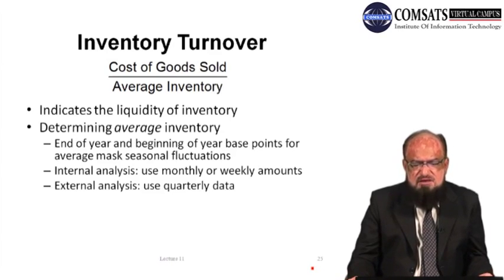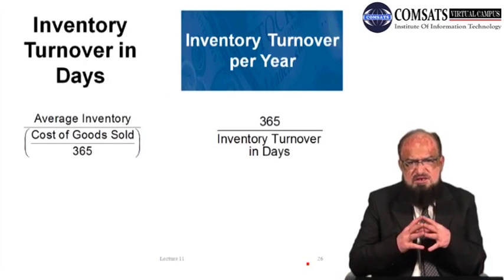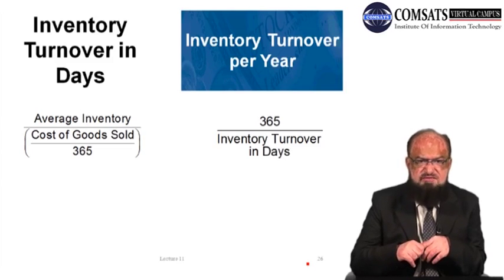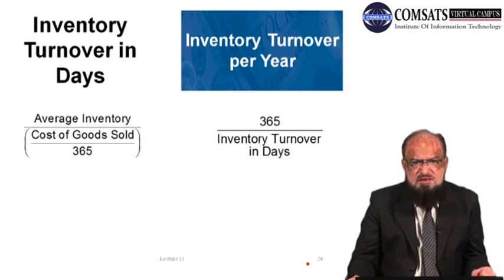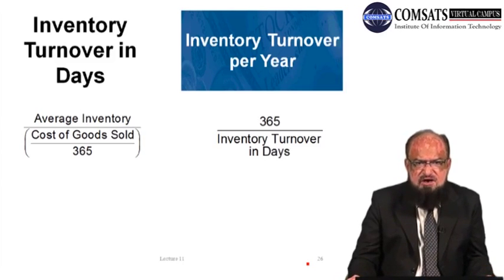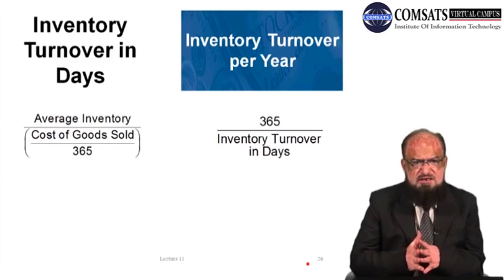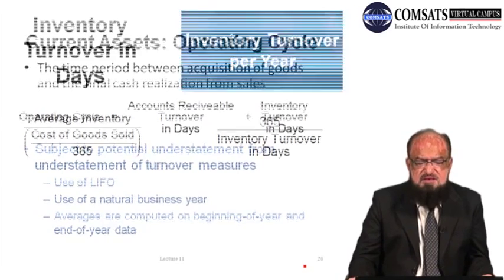Then we discussed inventory turnover in days: average inventory divided by cost of goods sold divided by 365 days. And inventory turnover per year we have already discussed: 365 days, the days in a year, divided by inventory turnover in days, so our result will be the inventory turnover per year.